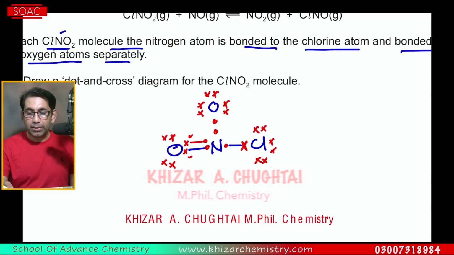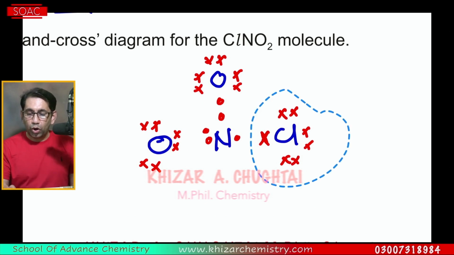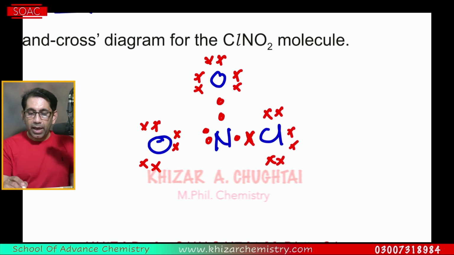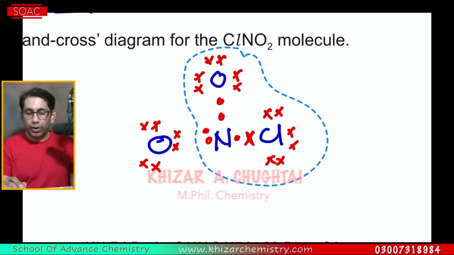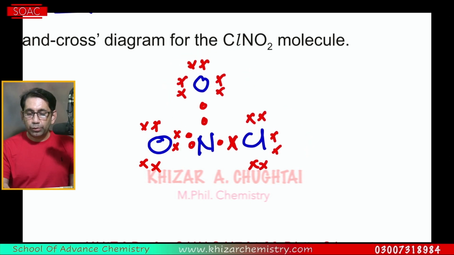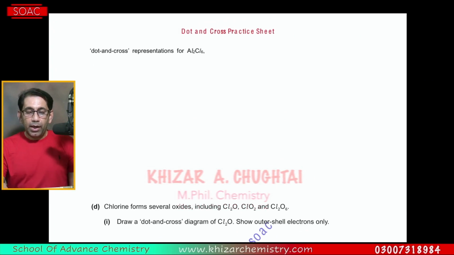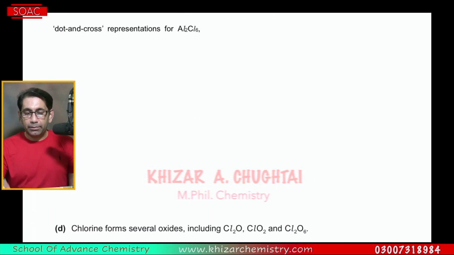I am going to erase the bonds and these lines, and here it is. So this is the true dot and cross diagram, one of the appropriate dot and cross diagrams for this molecule, that is ClNO2.